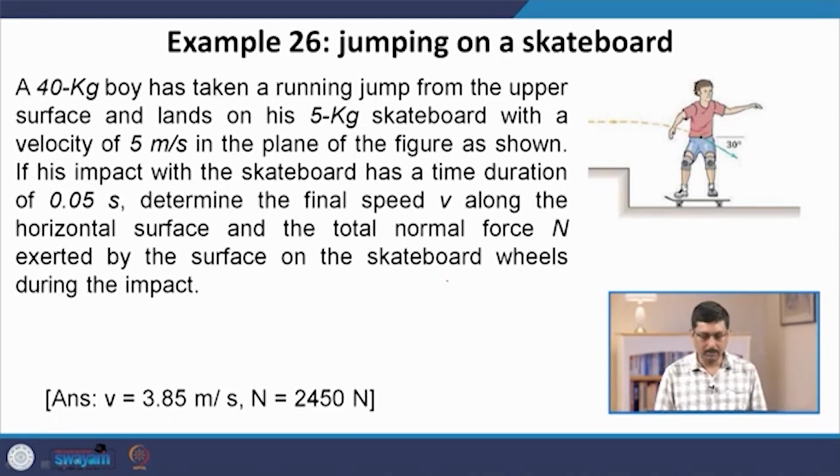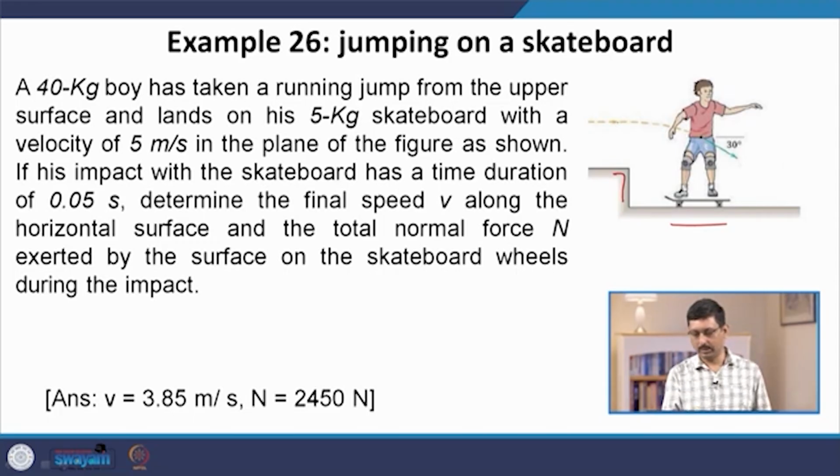Our first example is jumping on a skateboard, described in this picture. There is a boy. The skateboard was initially stationary on the road, and there is some sort of a stair. The boy was running on this upper surface, and then he jumped on the skateboard.